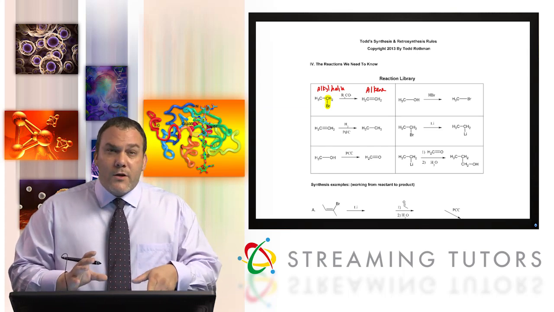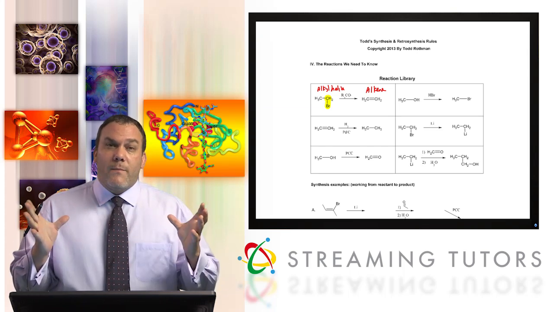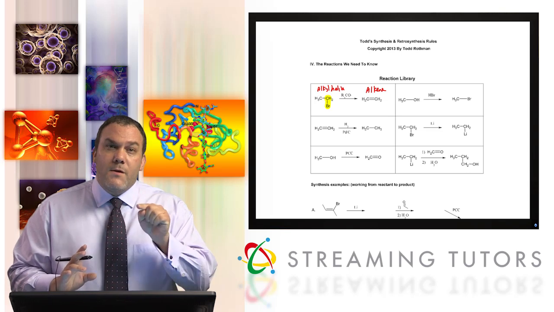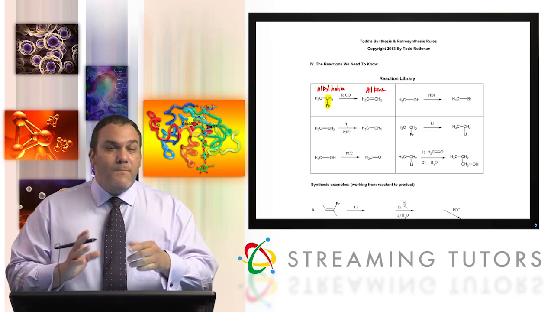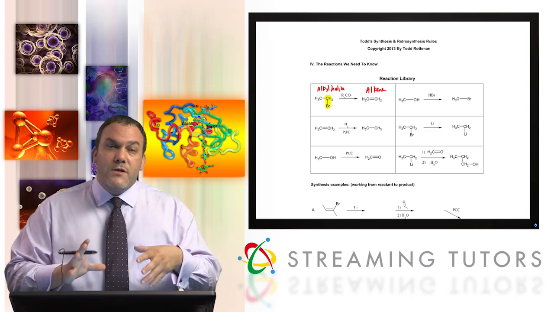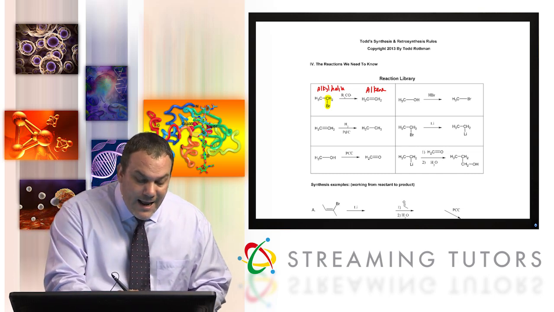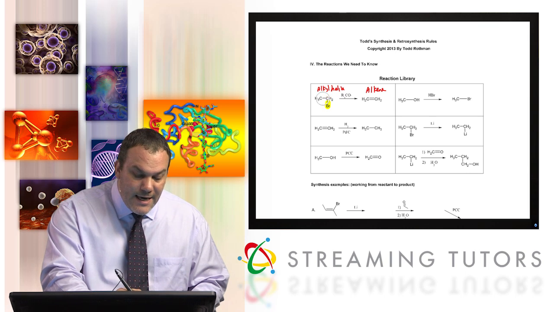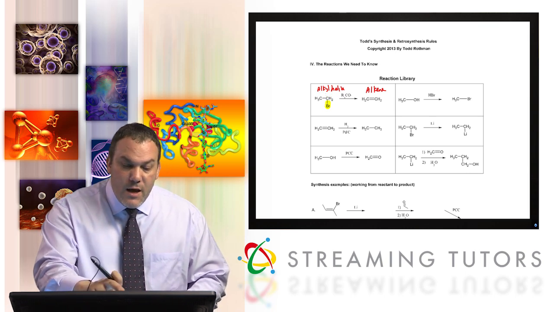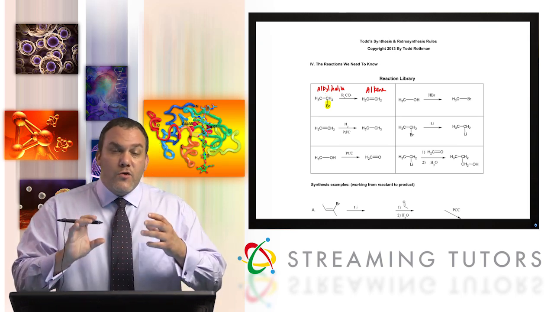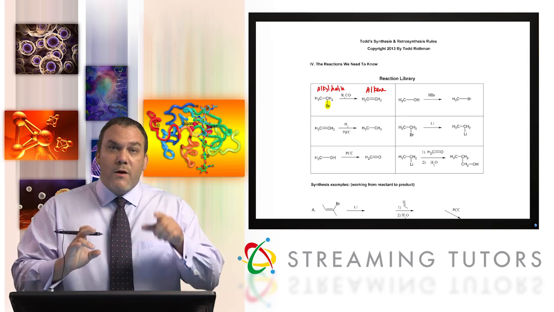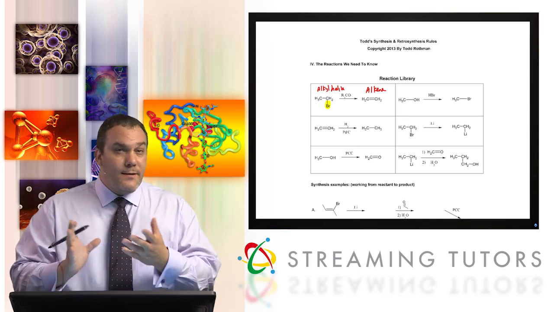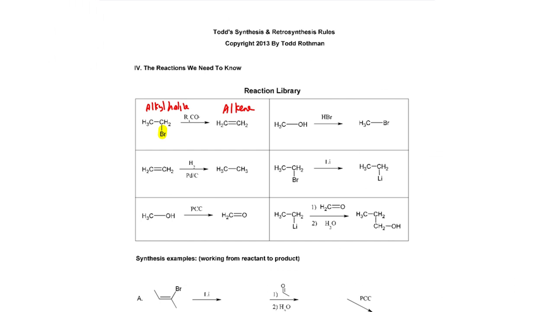So this molecule could be big, it could be 100 carbons, but the carbon that holds the Br and its neighbor are the only ones that are going to do this reaction. So the carbon and its neighbor are the ones that become an alkene from this reaction. And what do you need to do that? You need some sort of base, R3CO-. That's it.